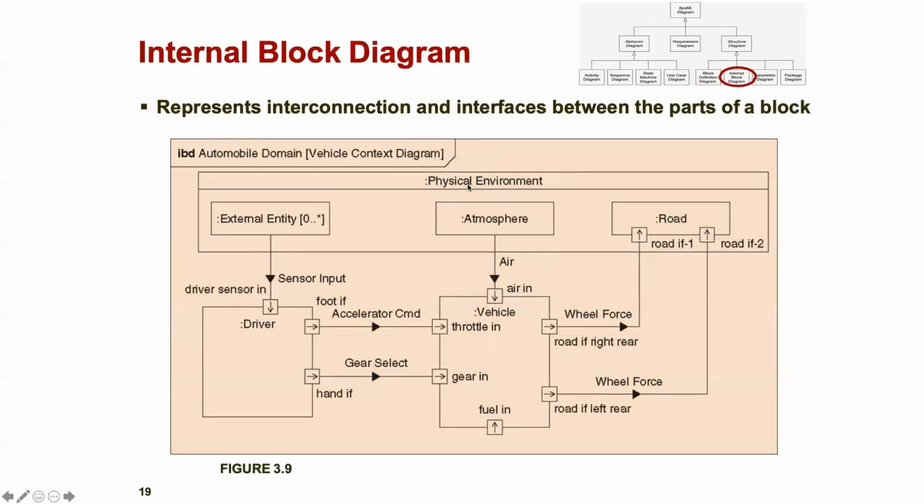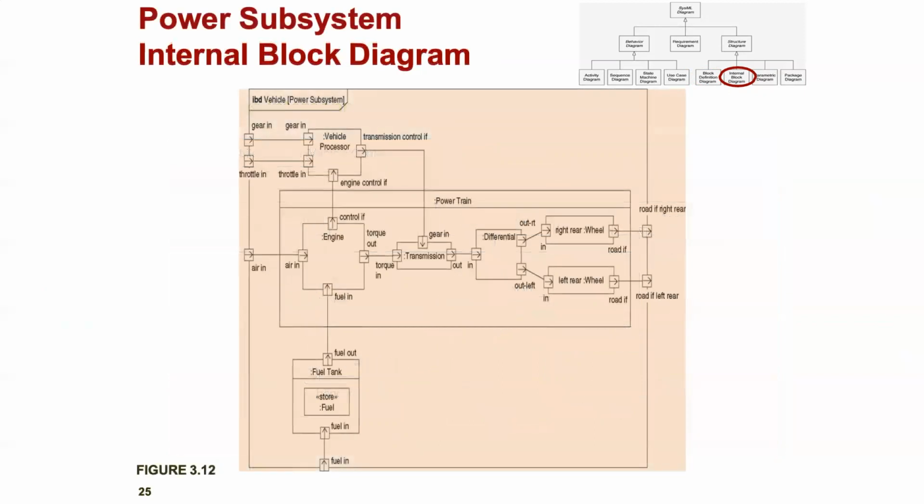What is the physical environment that an automobile has to operate in? You have the driver and the vehicle that has to engage with the atmosphere and the road. Here are some of those details being laid out in the internal block diagram.